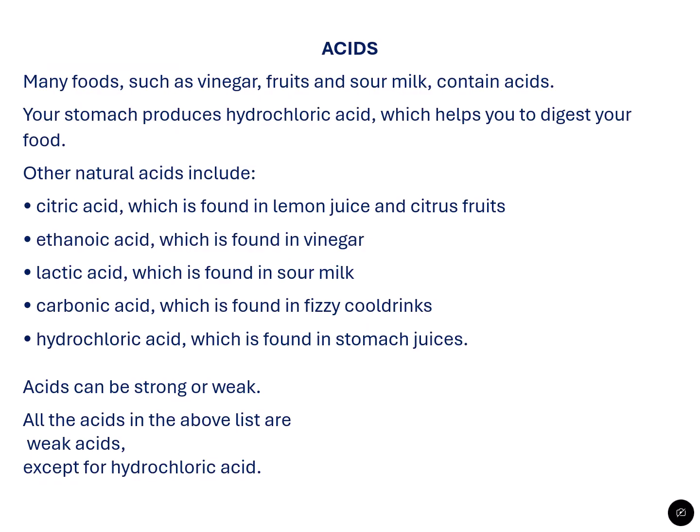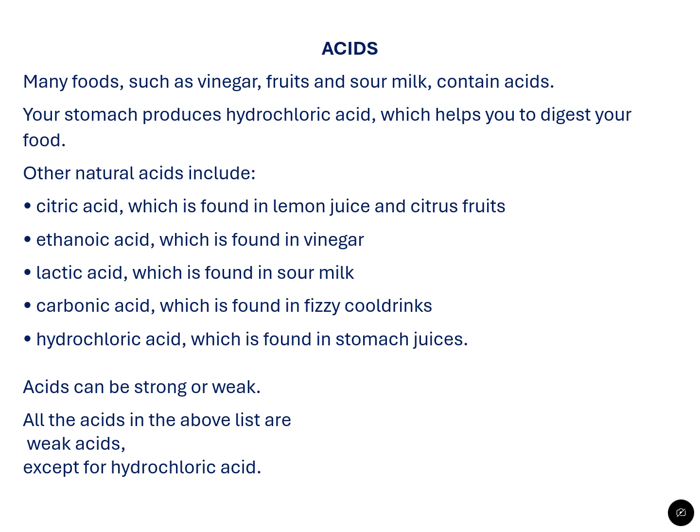Now, acids. Many foods such as vinegar, fruits, and sour milks contain acids, and your stomach produces hydrochloric acid, which helps you digest your food. But this is a strong acid.